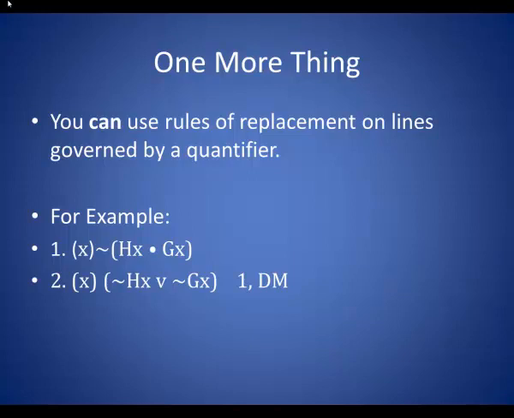So we can use our rules of replacement, but we cannot use our rules of implication on lines governed by a quantifier. So what you see in this example is perfectly legal. So again, remember, rules of implication, not allowed to use them on lines that are governed entirely by a quantifier. Rules of replacement, you can use on lines that are governed by a quantifier.